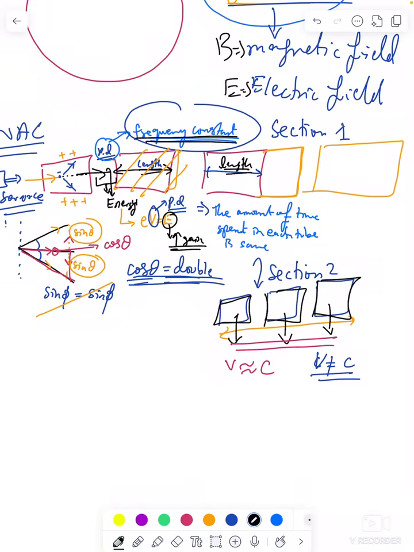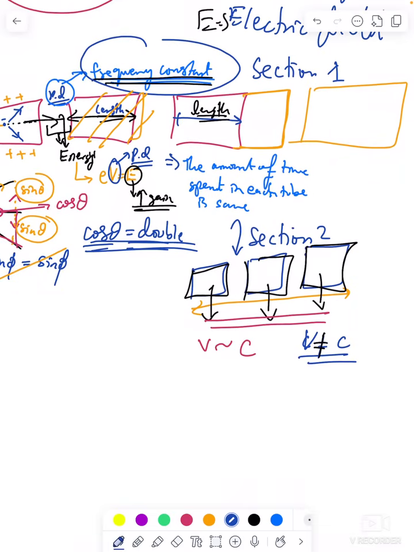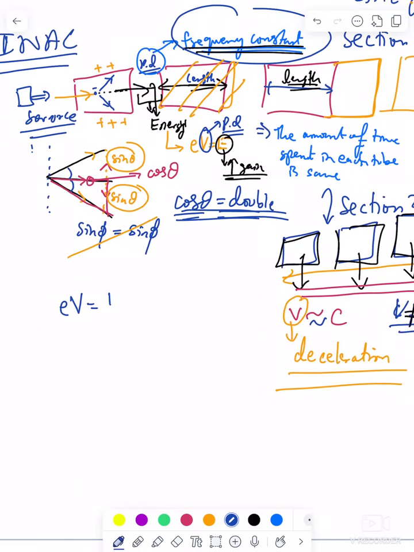That cannot happen, so we have to be careful. As it approaches the speed of light, this causes the particle's velocity to stop increasing, what do you call it, deceleration. That means the equation eV equals 1/2 mv squared stops. This now doesn't apply.